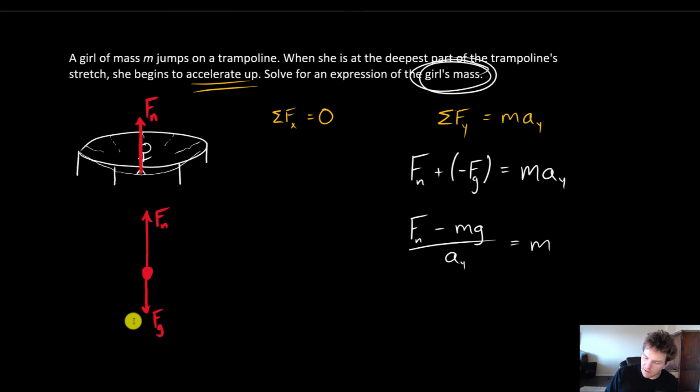If I wanted to get that mass all alone, then I would divide both sides by, not mass, silly Cunningham, I would divide both sides by a. And I'd be left with mass on that side. So it doesn't look like there's a whole lot I can do to simplify any of this. There's no expressions I can substitute in for normal force. There's nothing I can really plug in here.